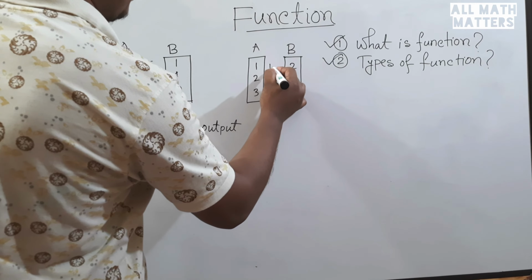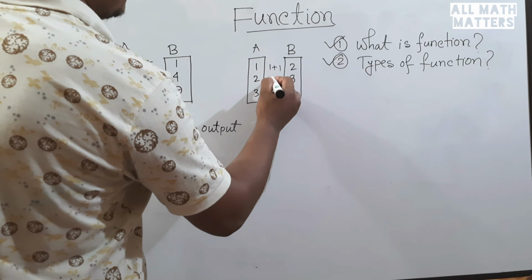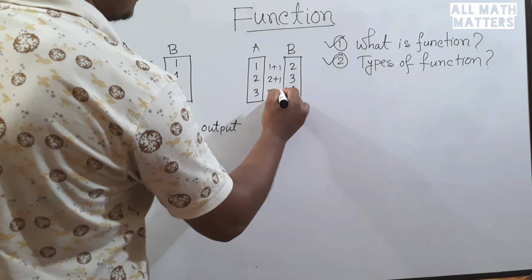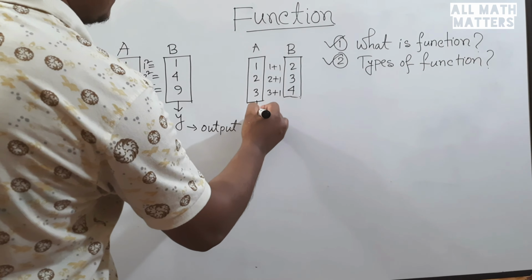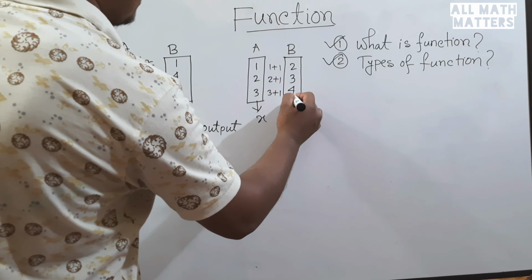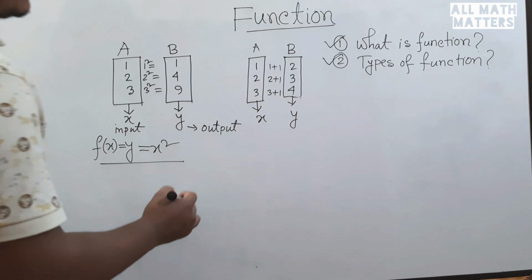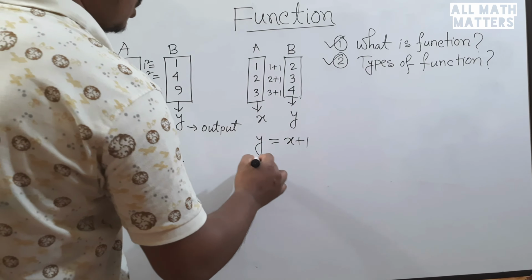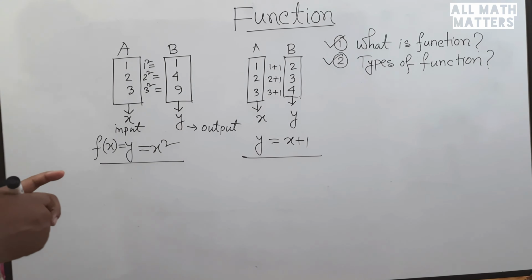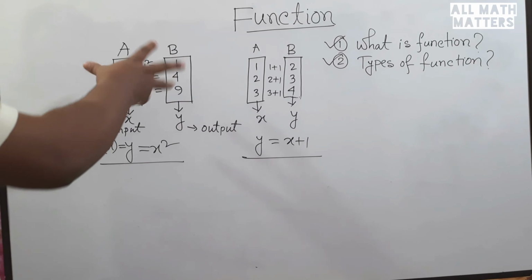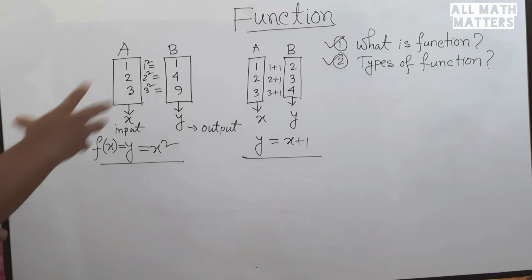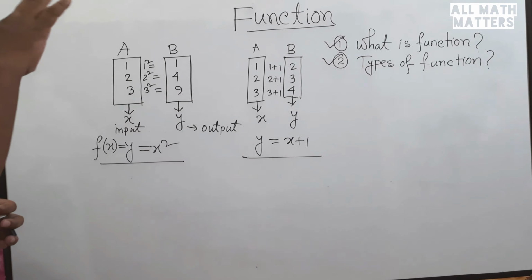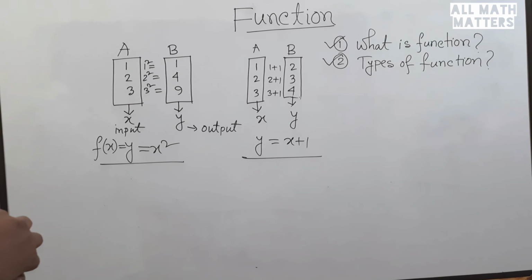So 1 plus 1 is 2, 2 plus 1 is 3, 3 plus 1 is 4. That means if we consider the value of set A is x and the value of set B is y, then the function is y equals x plus 1. So this is another function. So function means there must be a relationship between two sets A and B.